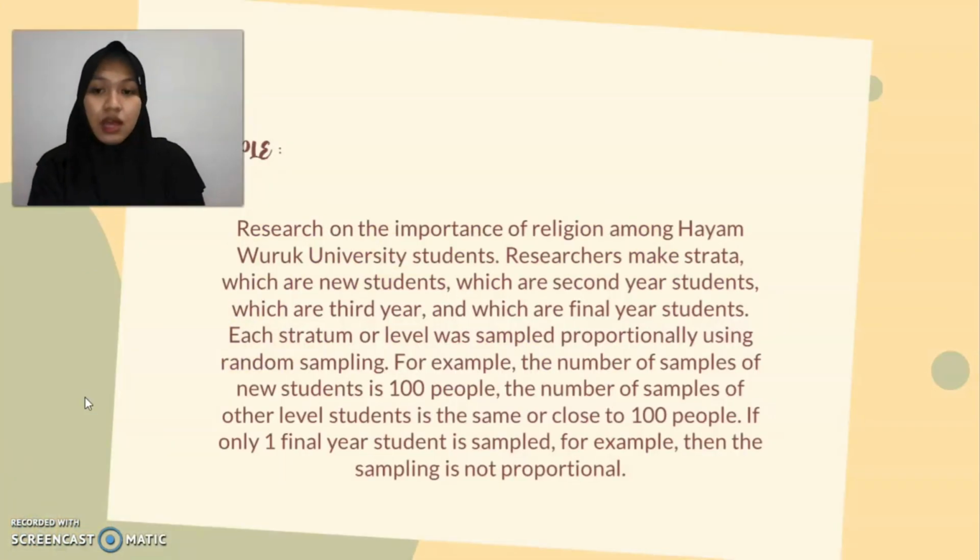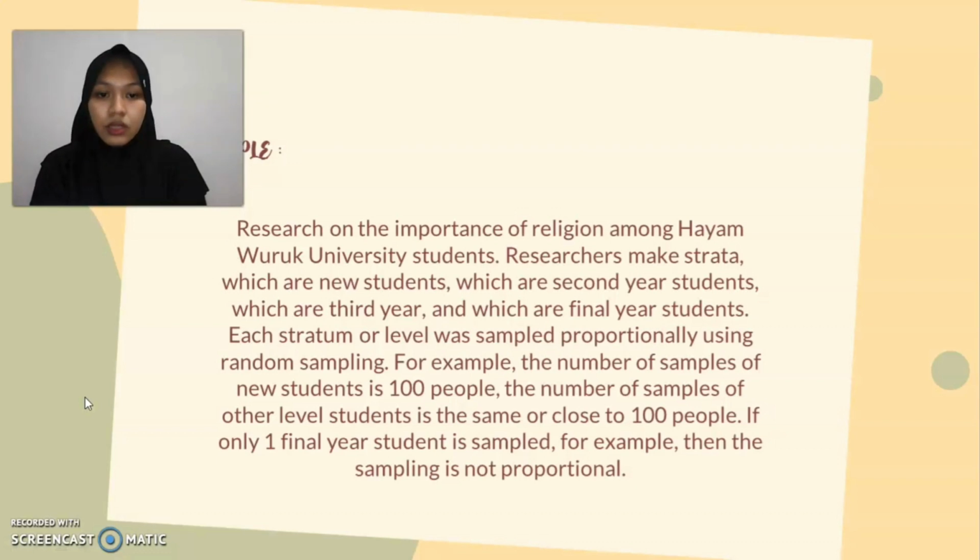For example, research on the importance of religion among Hayam Wuruk University students. Researchers make strata, which are first year students, second year students, third year students, and final year students. Each stratum or level is sampled proportionally using random sampling.